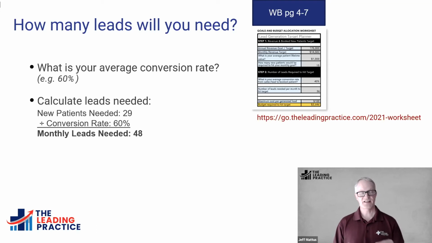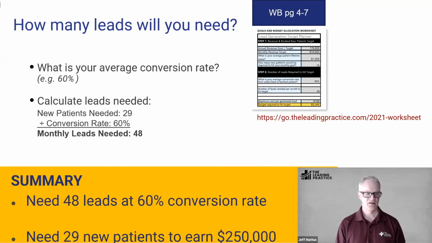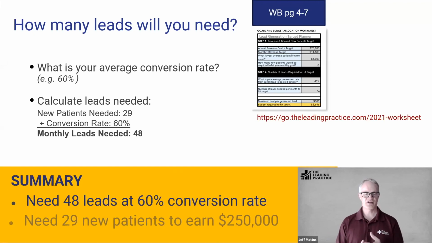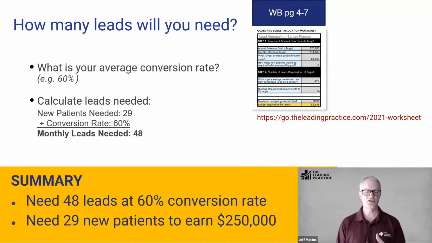So if it's 60%, that means that we divide by 0.6. If your conversion ratio is lower, let's say it's only 40%, you would divide by 0.4. If we take 29 divided by 0.6, we see that we need then 48 leads a month in order to convert into 29 patients. 48 leads at a 60% conversion rate gets 29 new patients. That will earn us $250,000 based on our reasonable revenue goal.